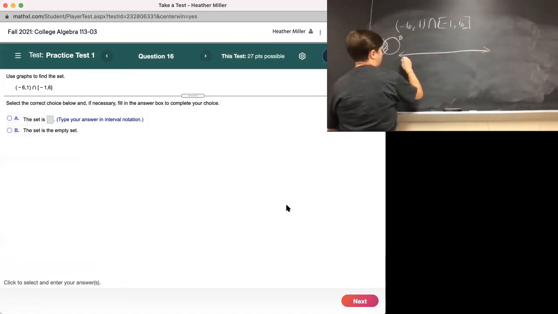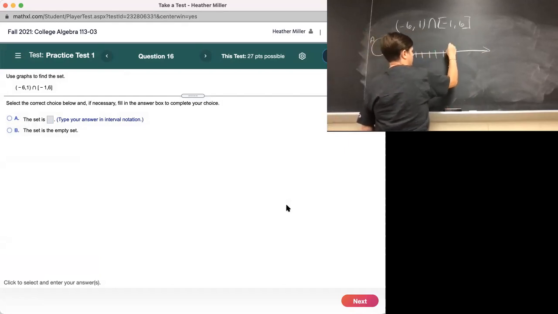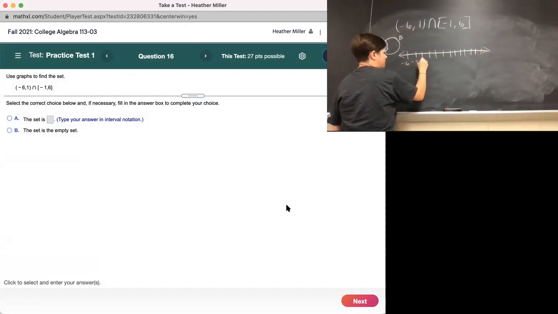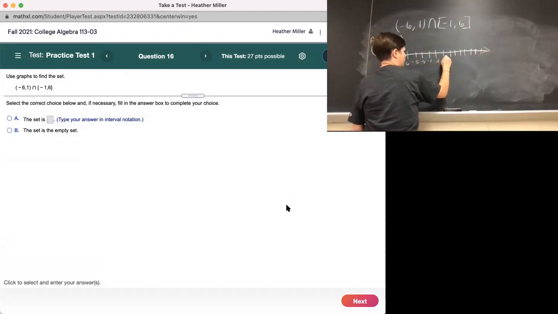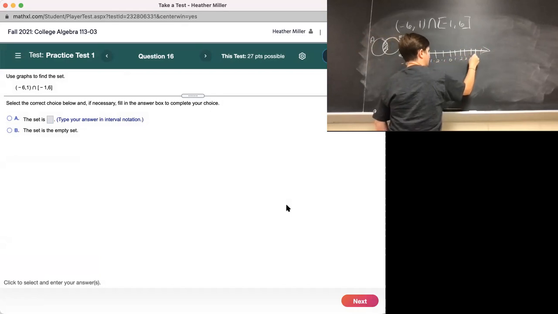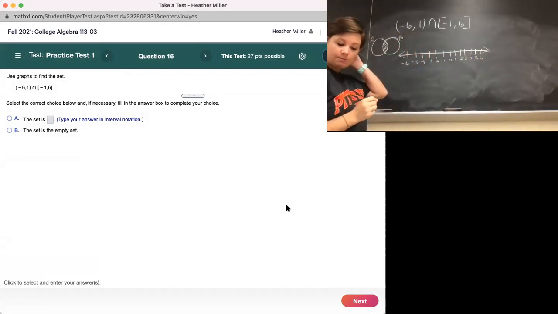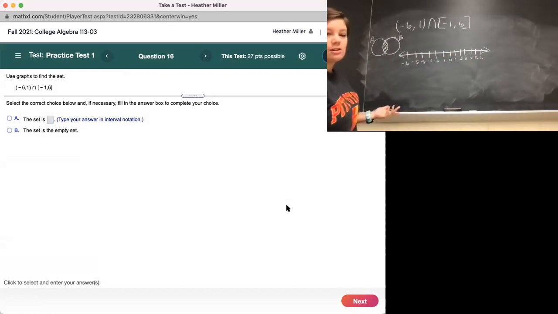So using a number line, negative 6, 5, 4, 3, 2, 1, 0, 1, 2, 3, 4, 5, 6. And if you can do this without a number line, that's totally fine as well. A lot of people are very visual learners, so I like to do the number line. And it said to use a graph, and this is how you graph them.